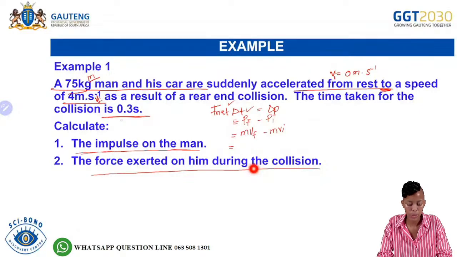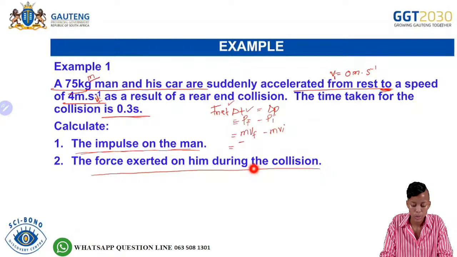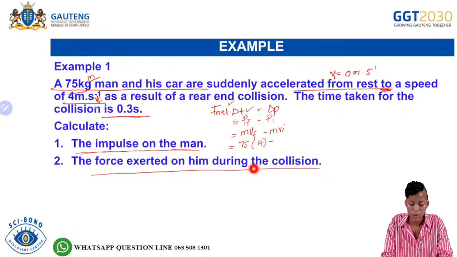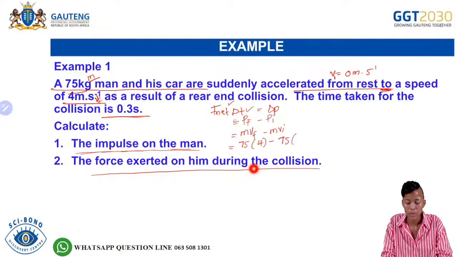So you substitute your mass of 75 kilograms and your final velocity of 4. Again, you substitute your mass and your initial velocity of 0. From here you can see that 75 times 0 will give you what?